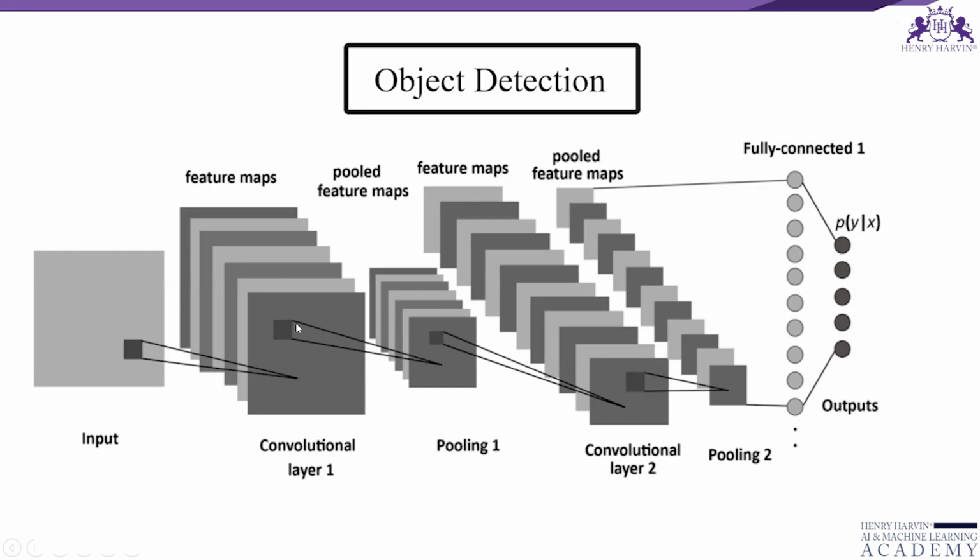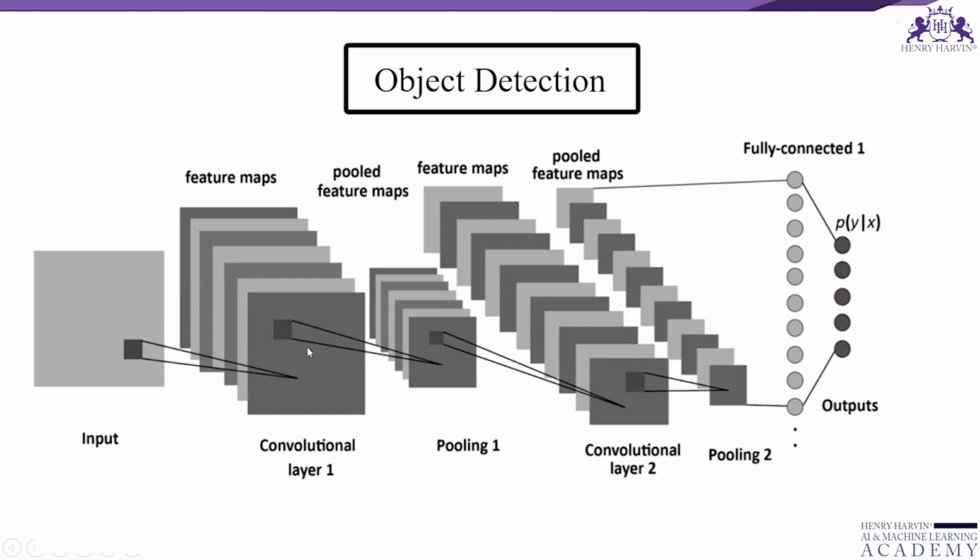The convolution layers and the pooling layers act as a feature extractor. Let me repeat it.